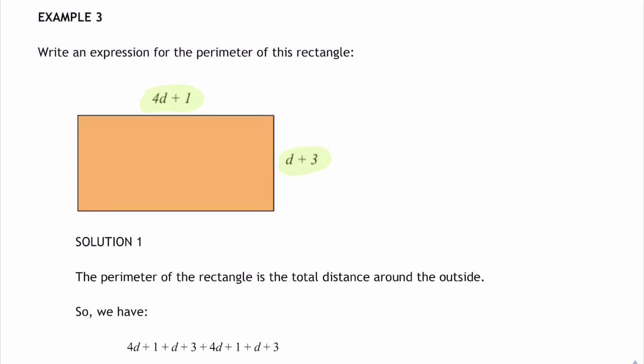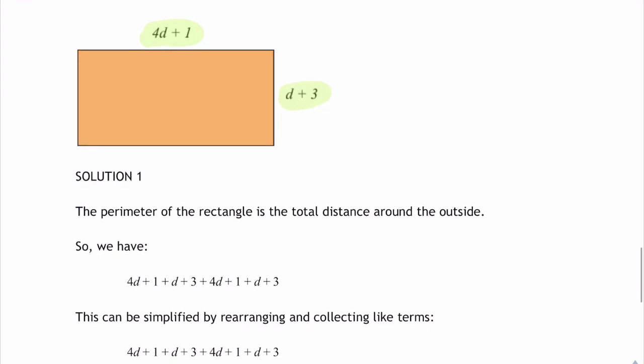The perimeter of a rectangle is the distance around the outside of the shape. So we will have this 4D plus 1 here, then that D plus 3, then for this side another 4D plus 1, and for this side another D plus 3. So that there is the expression that we need.